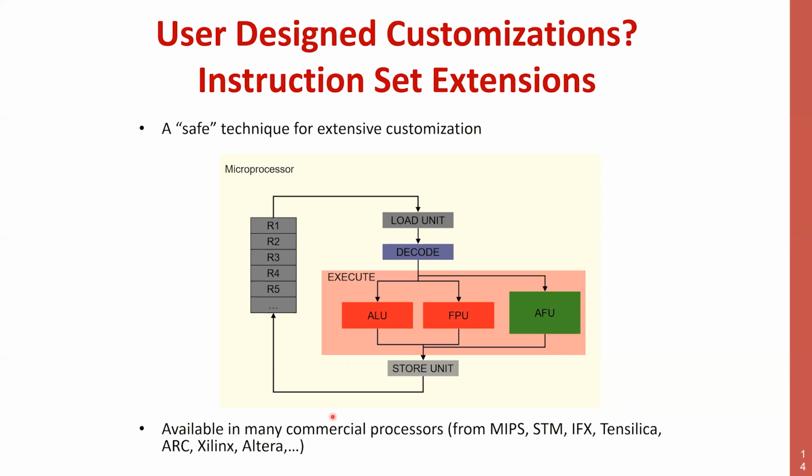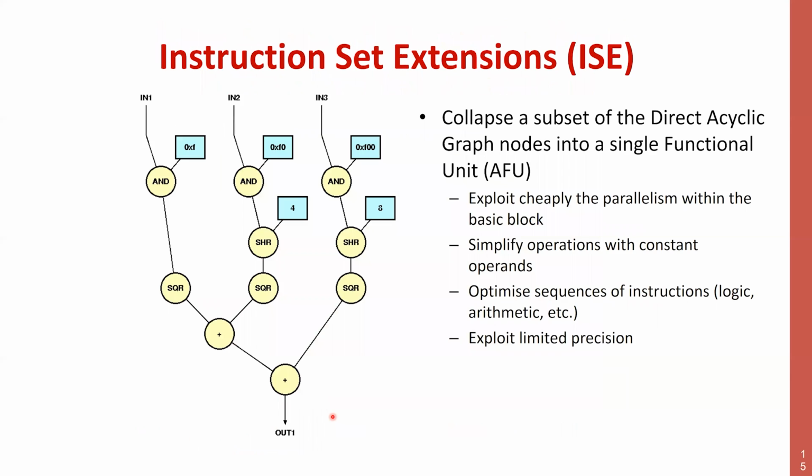And it's something that you can do, and actually today, maybe not 20 years ago, but today, every commercial processor for ASIC or for FPGA gives you as a possibility. You can add easily one of these, right? The question is, what is the functionality that you want this special functional unit to have, right?